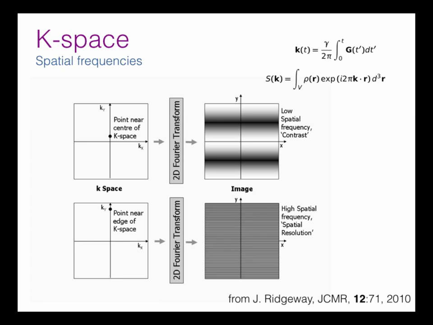If this had been off in the x direction, it would have been a low frequency modulation of space in the x direction. Here we have a point near the edge of k-space. Of course, k-space goes on forever, but I mean near the edge of the k-space field of view we're interested in anyway. And you can see it represents a much higher frequency in physical space.